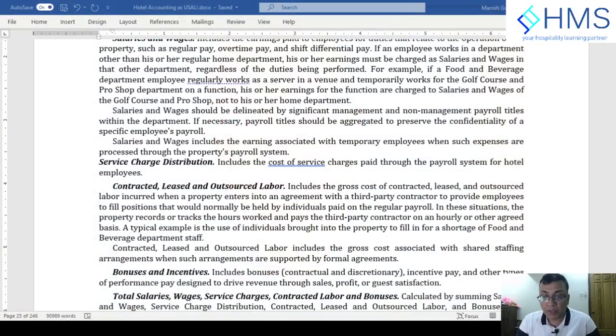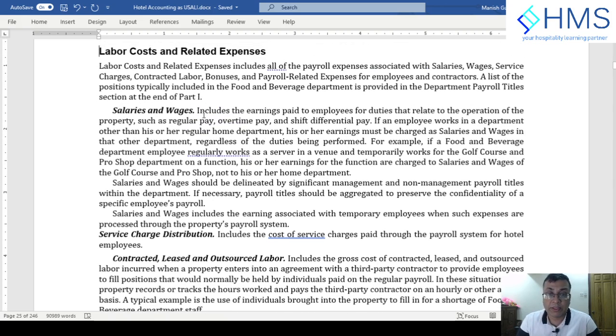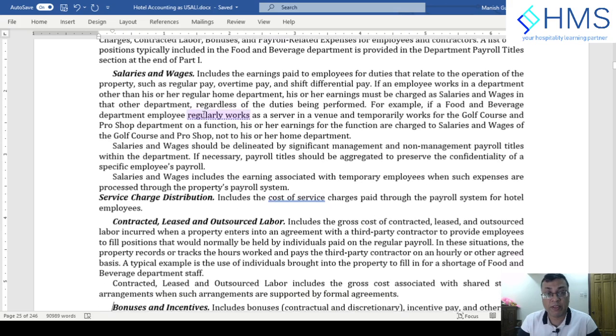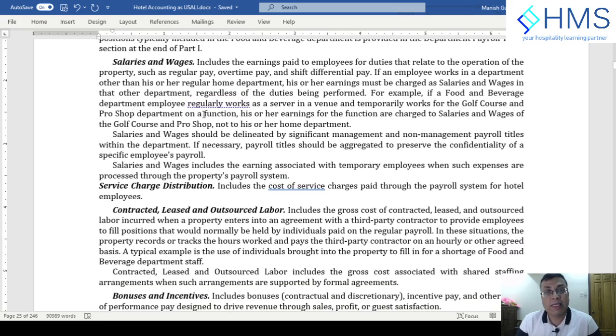So the other aspects of salary and wages, that is, it includes the basic pay, the contract pay, the overtime, and also the shift differential. Sometimes you have split shift payments, so that also is going into salary and wages.